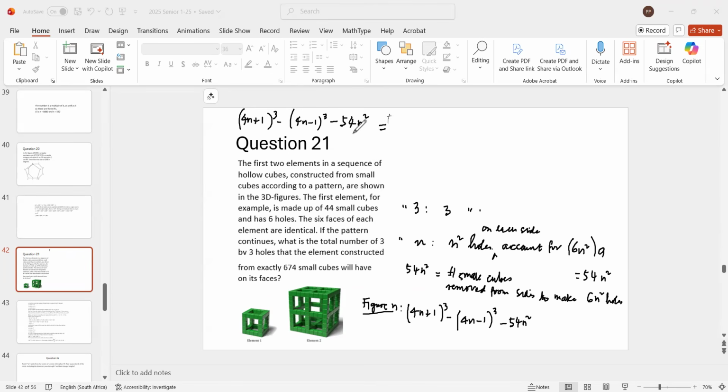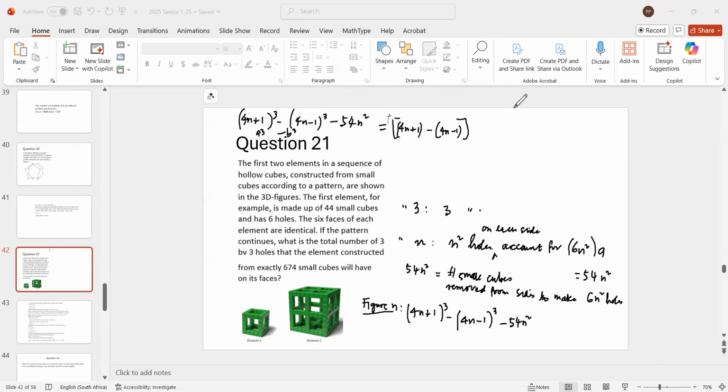So this is the difference of 2 cubes. And you can factorize the difference of 2 cubes. It's 4n plus 1 minus 4n minus 1. It's a minus b, a cubed minus b cubed.